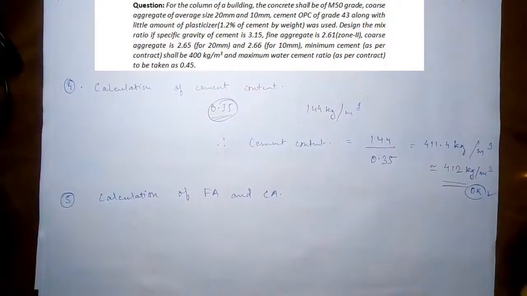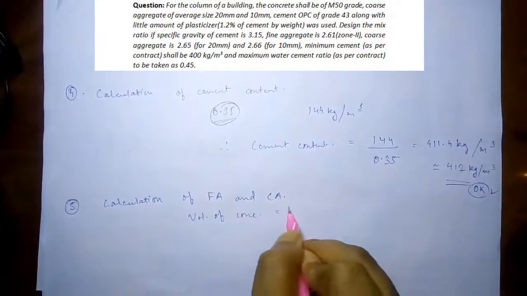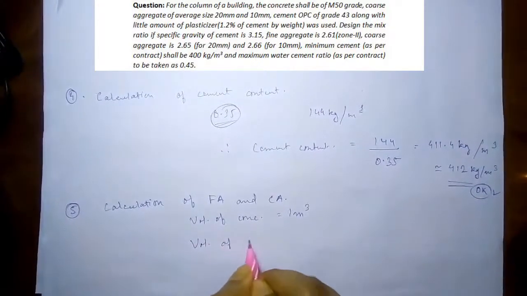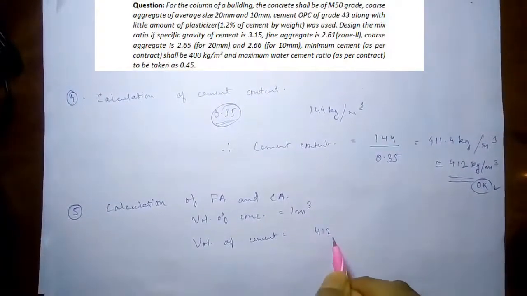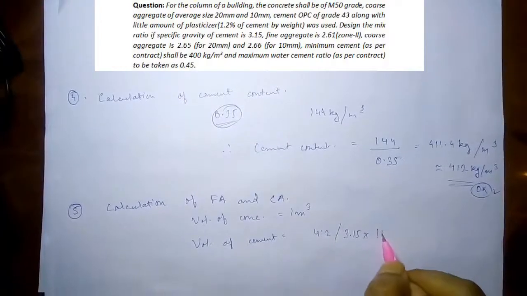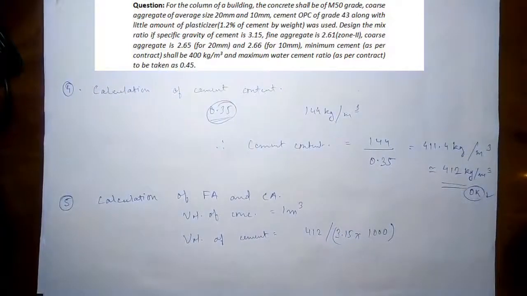So for that, let us consider that the volume of concrete is equal to 1 meter cube, and so the volume of cement will be equal to 412 upon 3.15 times 1000. So 3.15 is the specific gravity of the cement, multiplied by 1000 gives the density, and 412 divided by that density will give us the volume of the cement.